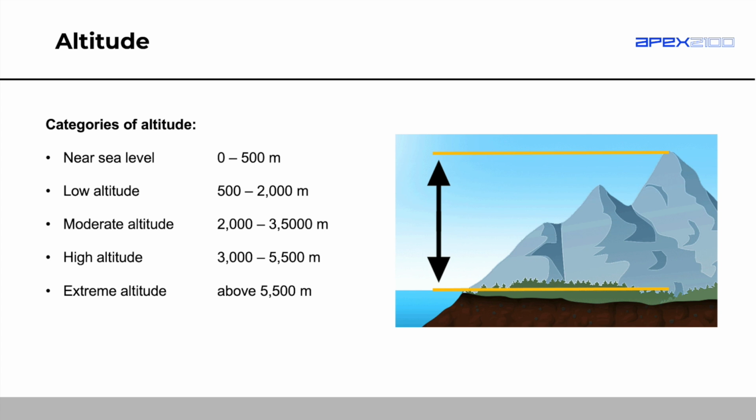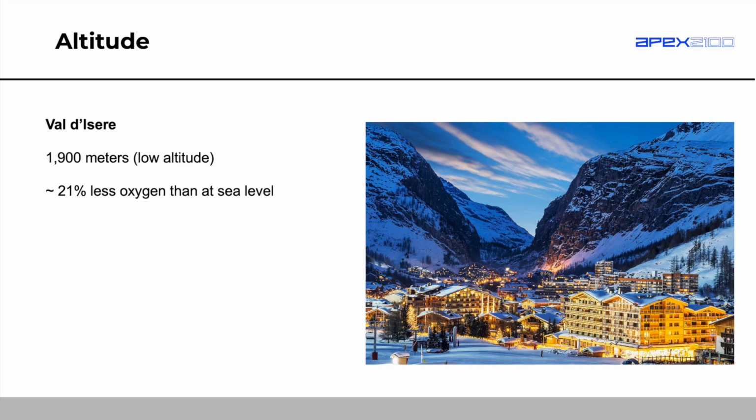So let's look at some examples in the surrounding area. Val d'Isere is 1,900 or hereabout meters. This is considered low altitude. Obviously, it's still quite high, but in our rankings, it's a low altitude. This is just in the town, not in the ski resort. In town, there is 21% less oxygen in the air compared to sea level.